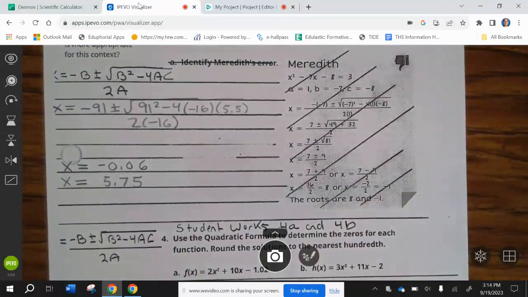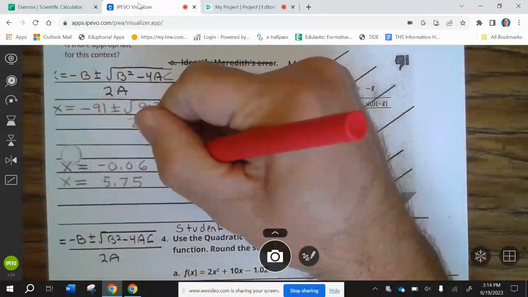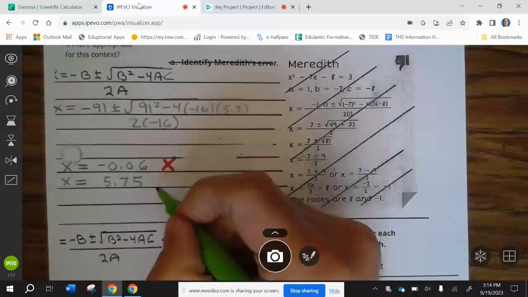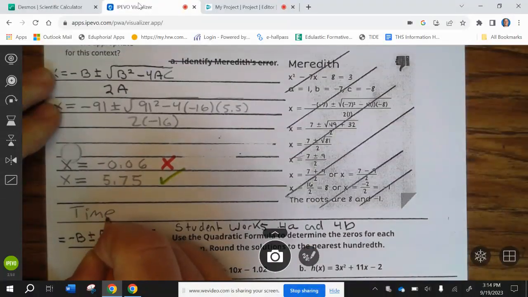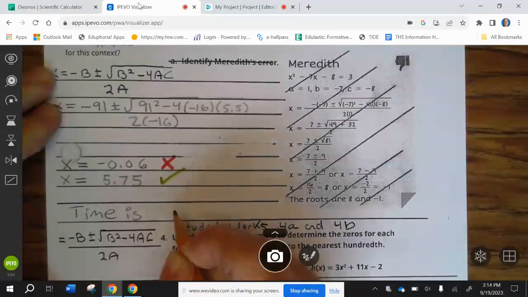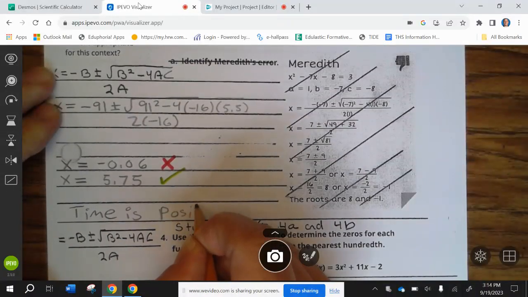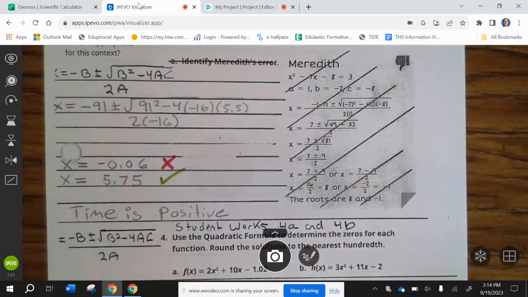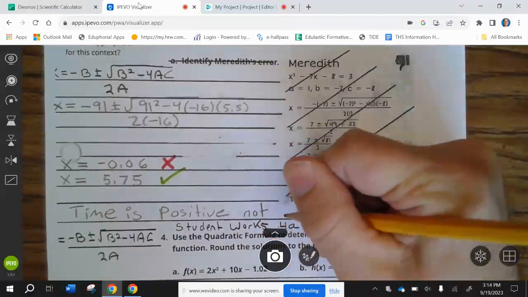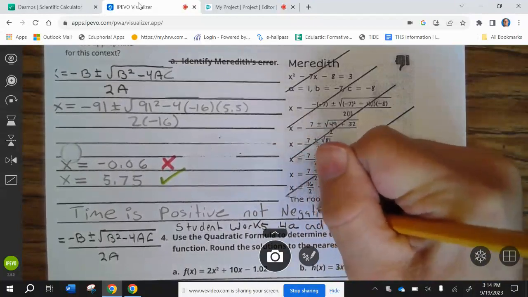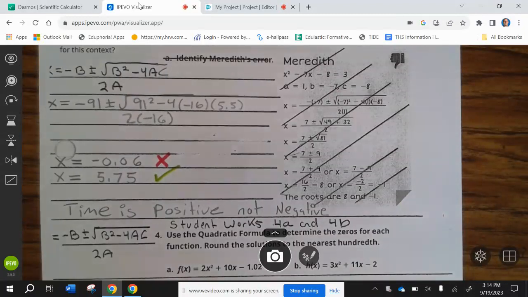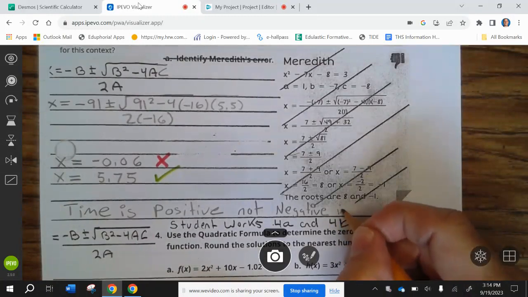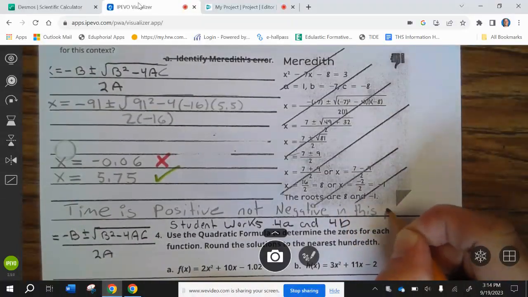So this cannot be a valid solution, but this can be, because time is positive, not negative, in this problem.